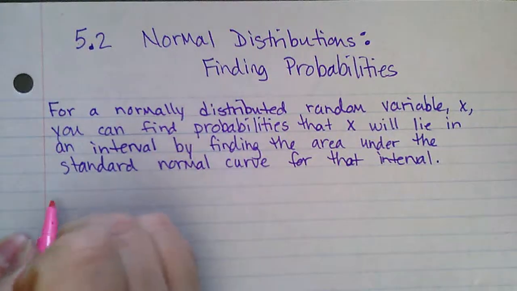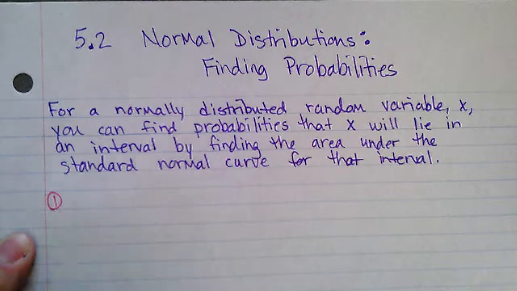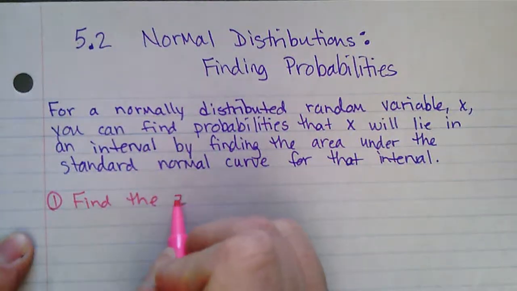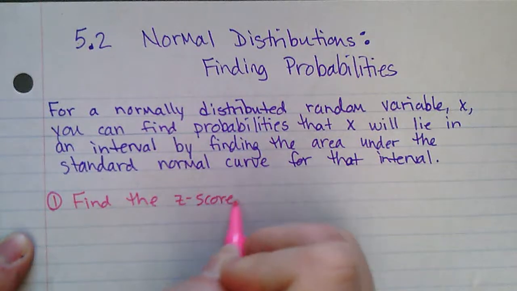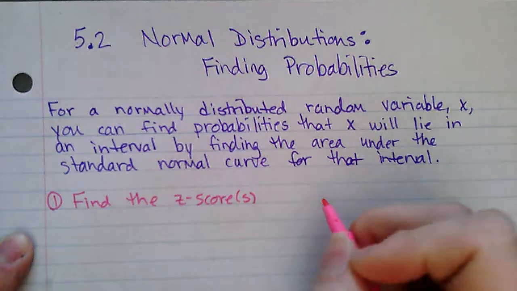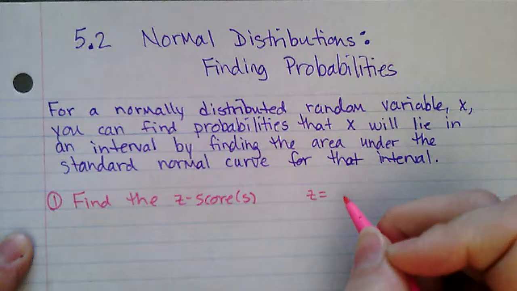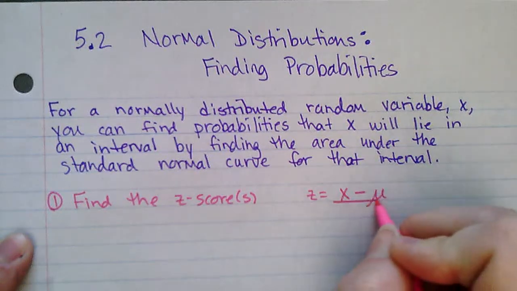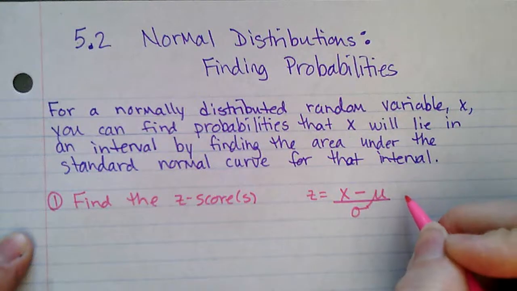So the way that we do this is first we will find the z-score or z-scores. Remember that the z-score is equal to the data value minus the mean divided by standard deviation.